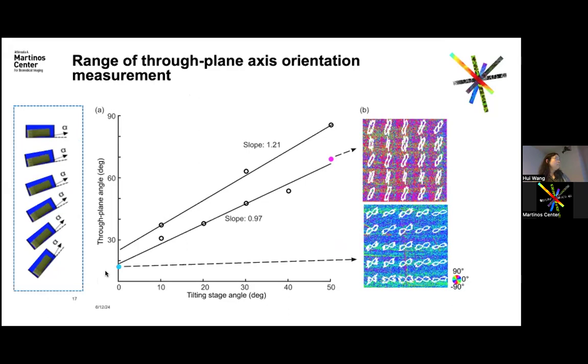And we fit the preset through-plane orientations with the estimated through-plane angles, and we get a slope very close to 1. That says that with this full range of through-plane orientations, we can almost recover the real through-plane orientation of the fibers within the 0 to 90 degree angle.